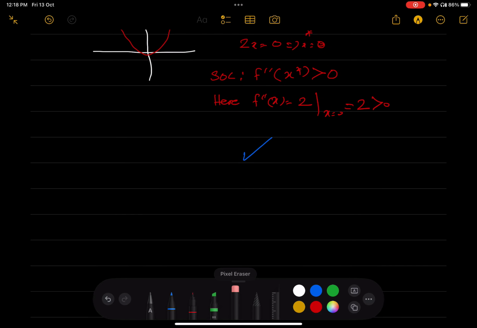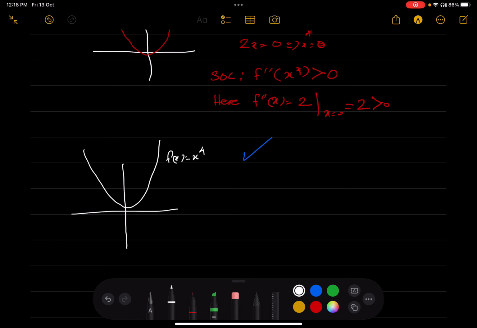Now, let's take the example of f of x is equal to x raised to 4. This is also a similar function which has a similar shape, and we know the minimum of this function from the graph of the function. We know it exists at x is equal to 0.